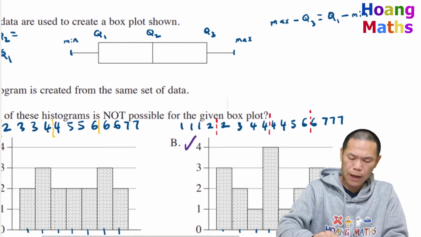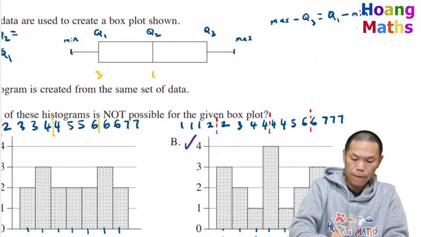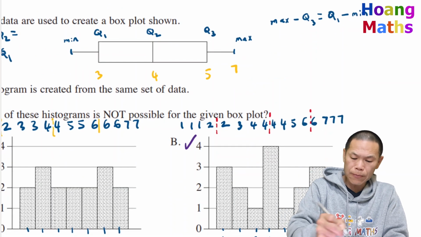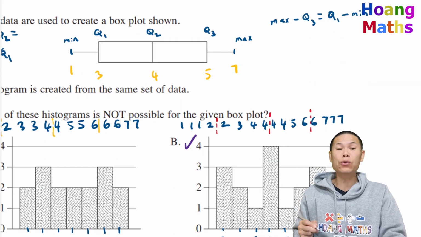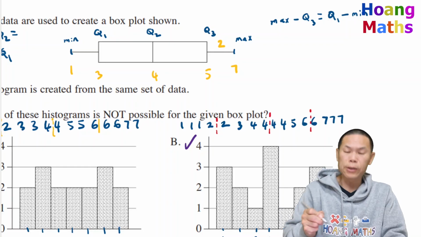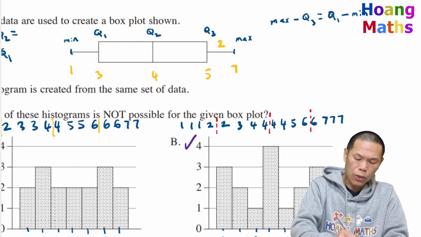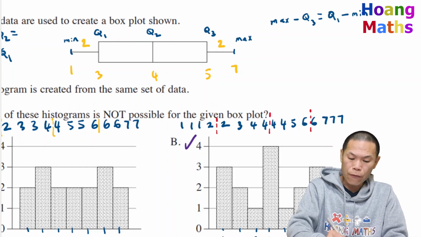Let me write this down: 3, 4, 5, the maximum is 7, and the minimum is 1. Maximum minus Q3 gives me 2, because 7 minus 5 is 2. 3 minus 1 is 2 here. 4 minus 3 is 1. 5 minus 4 is 1.